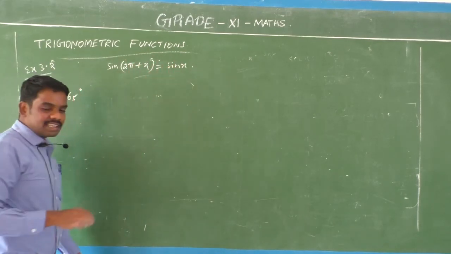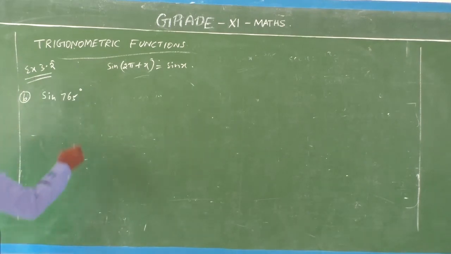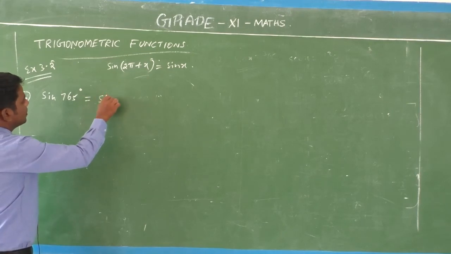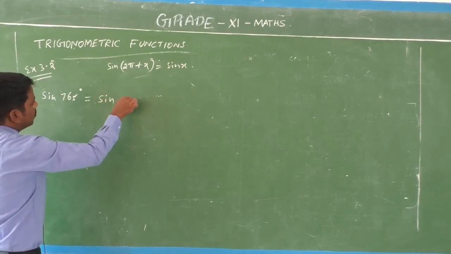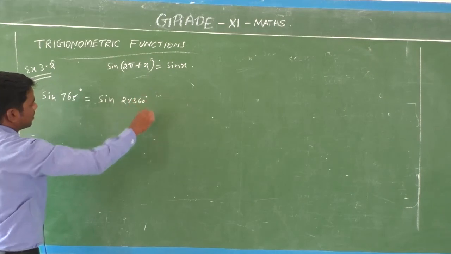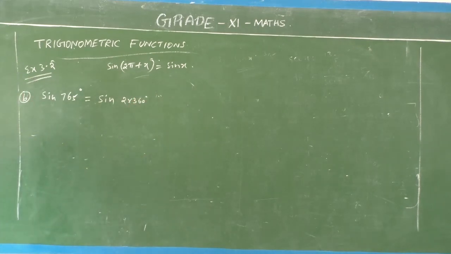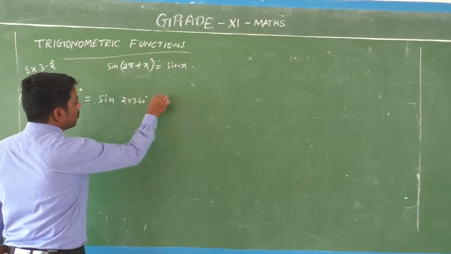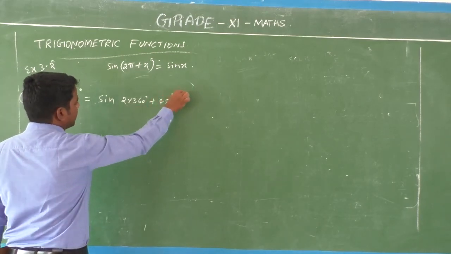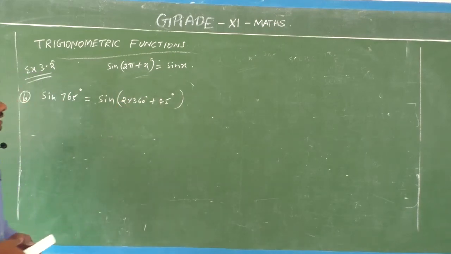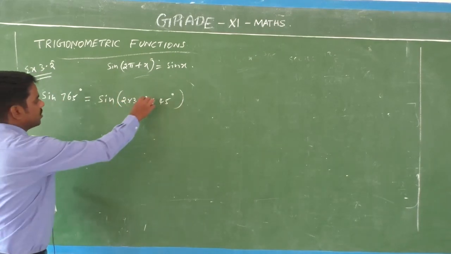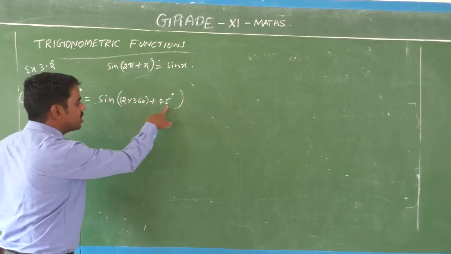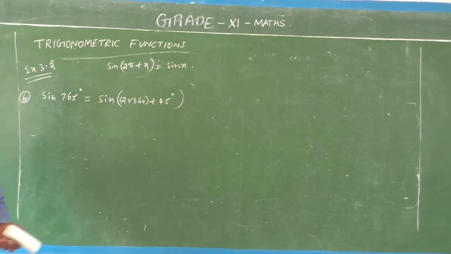Here sine 765 degree is equal to sine of 2 into 360, that is 720, plus 45 degree. 2 into 360 is 720, plus 45 is 765.